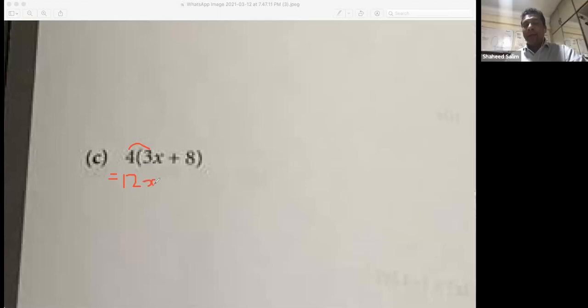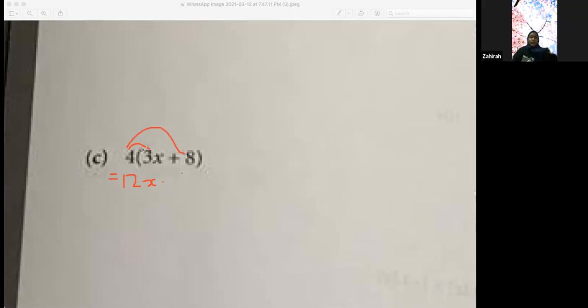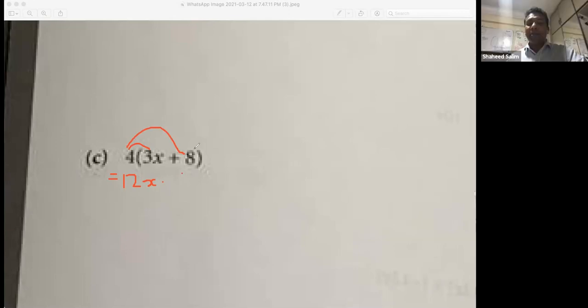X, okay. And then? Next number? Times this one also, Zahira. What? This one also must times, 4 times 8? 32. Is it plus? Yes, this is plus and plus, so should be plus.